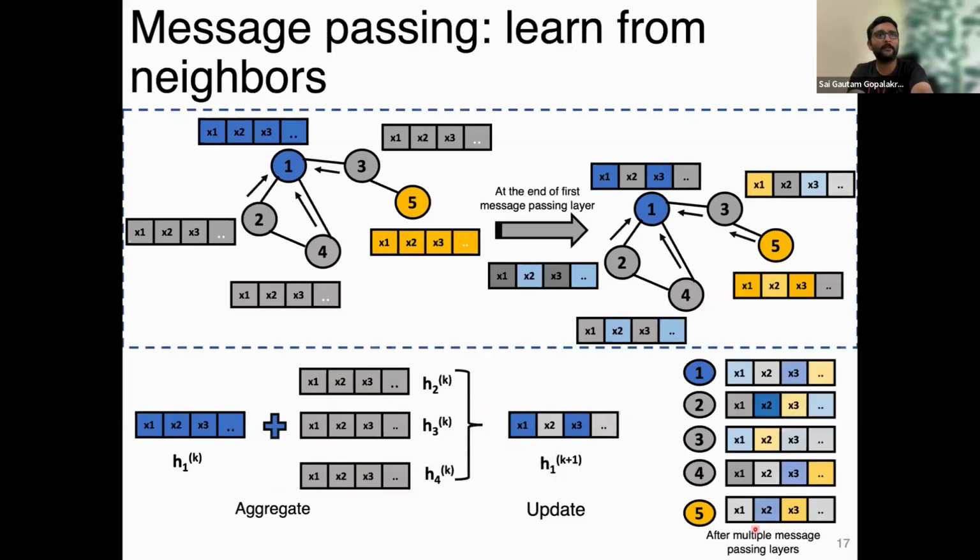So if you were to do multiple message passing layers, look at how the feature vector of node 1 has changed, right? Initially it was all blue in color. Now it has a mixture of colors, right? So light blue, gray, yellow, and so on. So basically, with multiple message passing, your individual atoms learn about the atoms that are actually quite far away from their position.